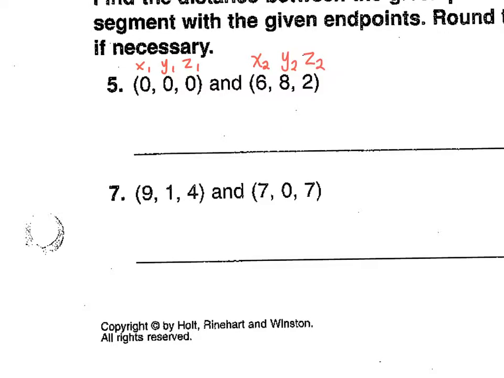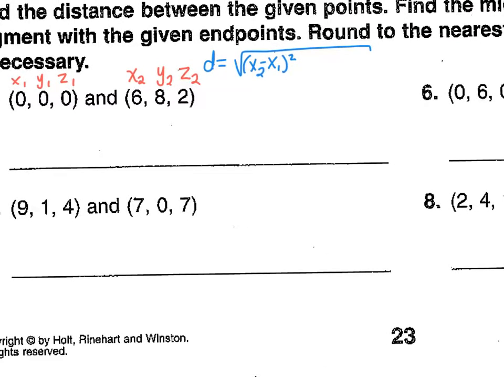So when I put it into the distance formula, the distance formula is the differences of the x's, x sub 2 minus x sub 1 quantity squared, and then plus the difference of the y's, y sub 2 minus y sub 1 quantity squared, and then the z, z sub 2 minus z sub 1 quantity squared, and then we get the square root of the whole thing.